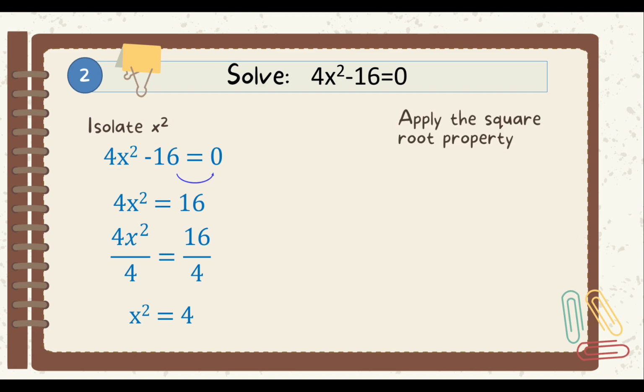And what is step 2? You apply the square root property. Again, 4 is a positive number or greater than 0, so we are expecting two different roots or two distinct solutions. So we get the square root of both sides.